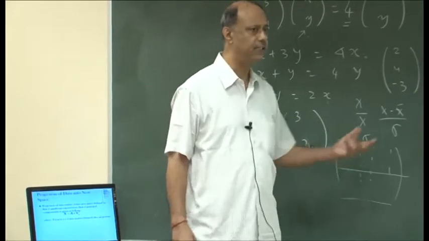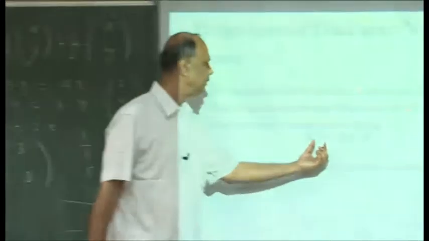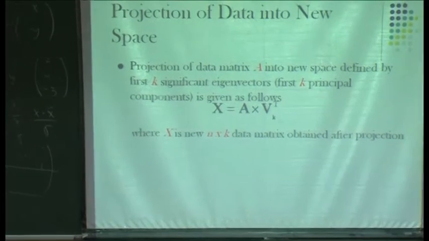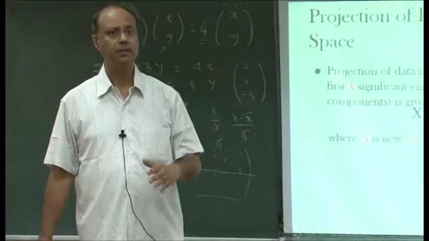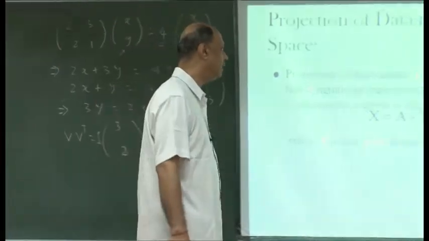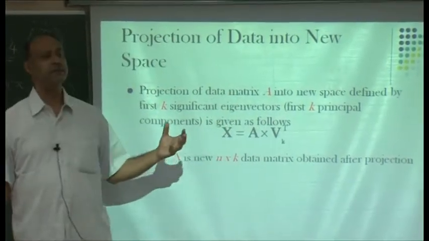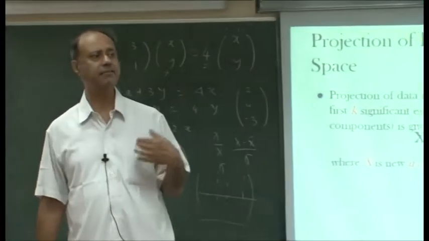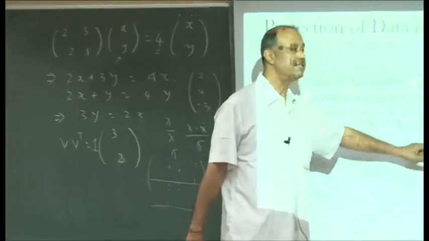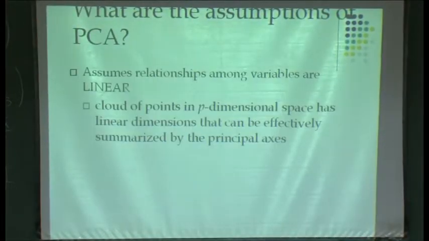So you can replace this by V. Whatever value you get need not be exactly A, because you have suppressed some of the information, but it is near A. So your aim is to obtain such a V that after projection and regeneration, I should get a value near A. So that K is important, that K is the requirement.